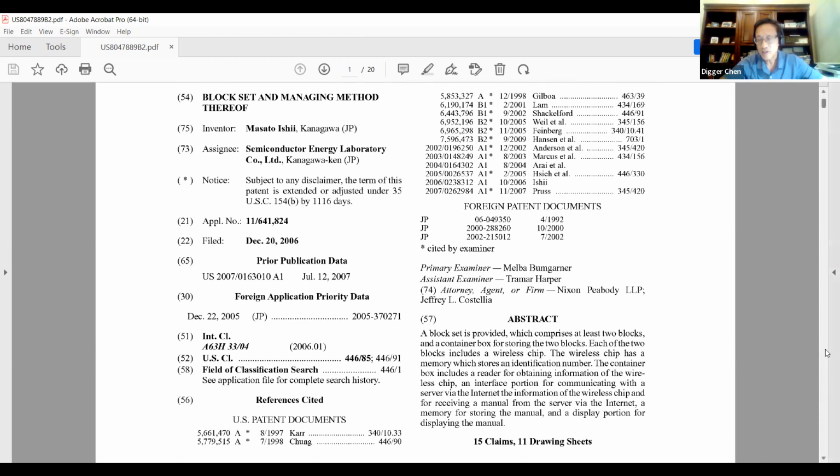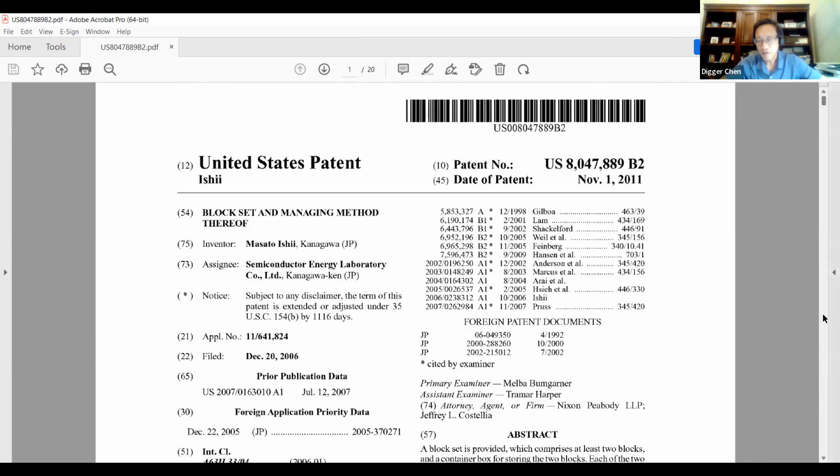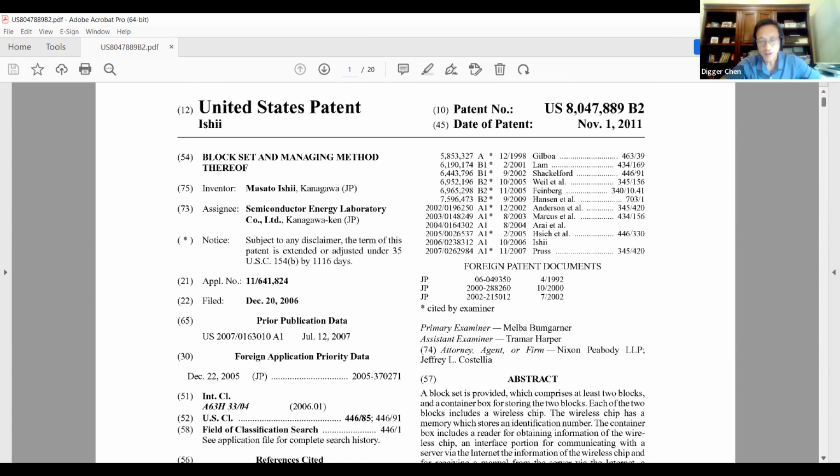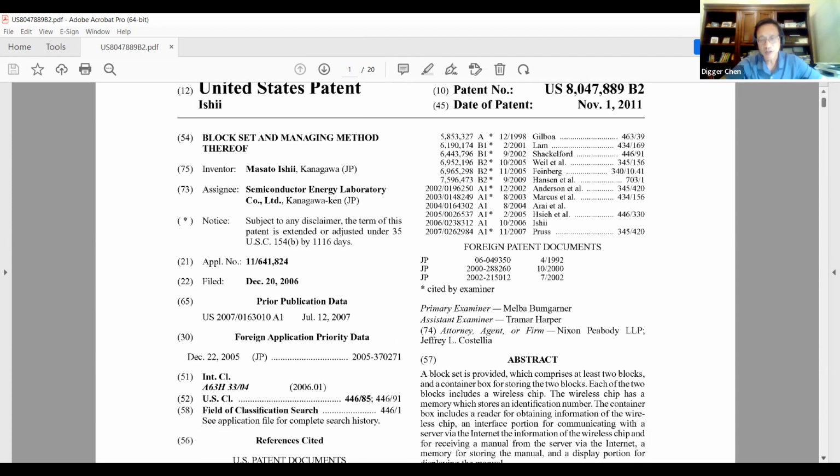You can see the patent date is 2011, so after 5 years, they got this patent. That is a little complicated and we won't talk about it, but you can see how to read those patents.